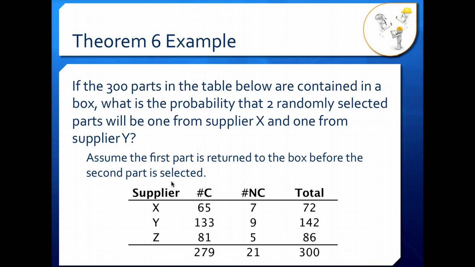When you see "return to the box," or return to whatever container is holding these parts, that means we have independent events. The two selections means that theorem 6 or 7 is going to apply because we have more than one event occurring. How do we calculate this?